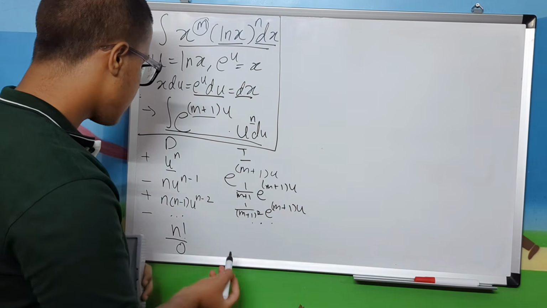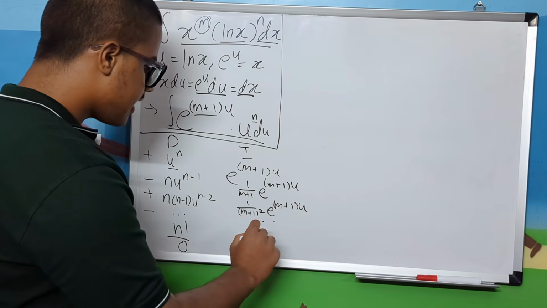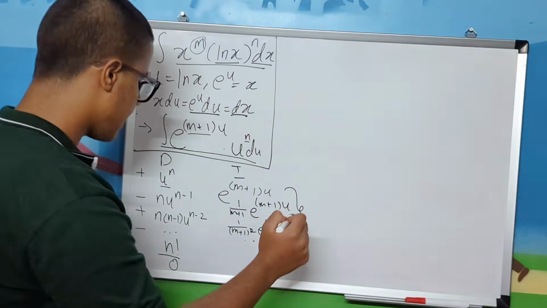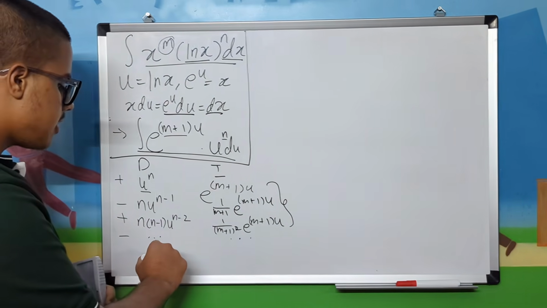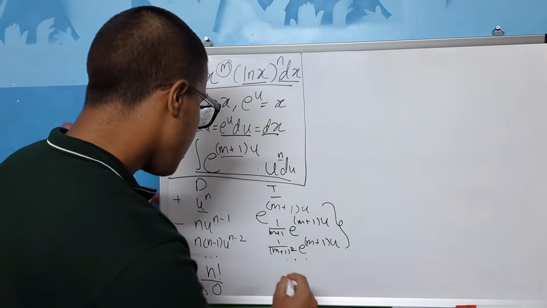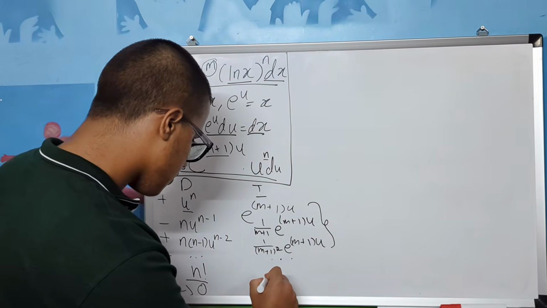Whatever the nth iteration is, the next iteration is the one we need. If this came in the nth iteration, this one will be the (n plus 1)th iteration. So the final term for this would be something like this.